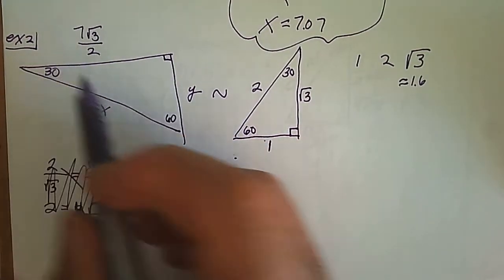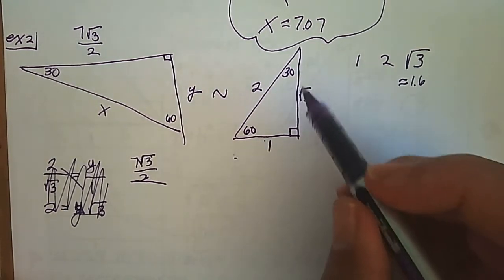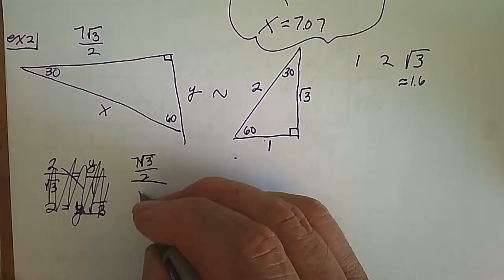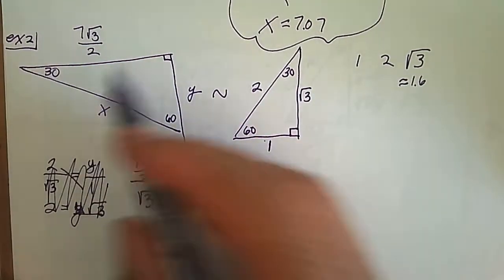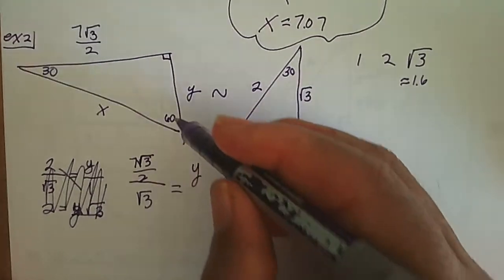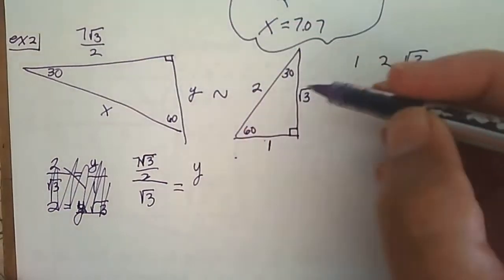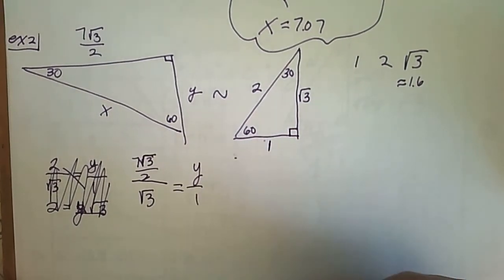That's the long leg. What is the long leg over here? These are the legs. The longer one is radical 3. Is equal to, pick the x or the y, doesn't matter. Let me do the y. Y is a short leg. Short leg over here will be 1.